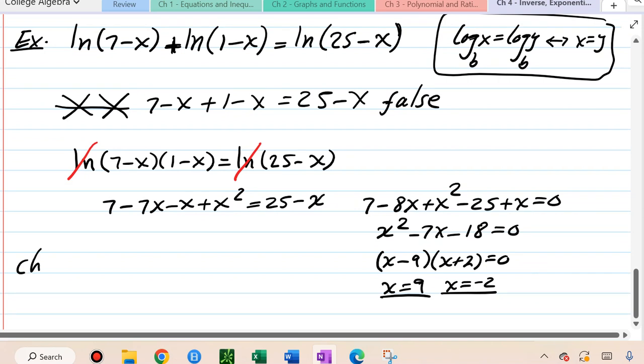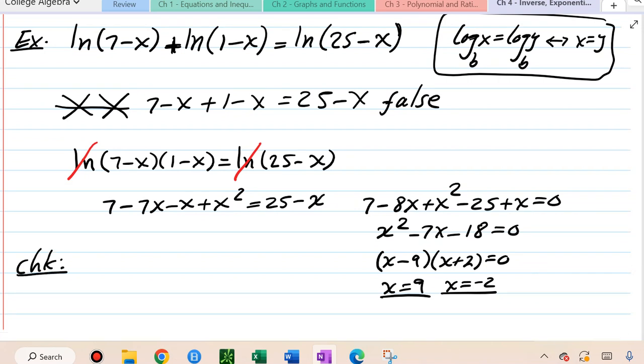Let's do our check. And our check is just for the domain. I want to see if I'm in the domain of each of those. Now, because I have 3 logs, the proposed solution must work in every one of them, not just 1 or 2, all 3 of them. So let's try 9 for now. ln of 7 minus 9 is negative 2 plus so on and so forth.